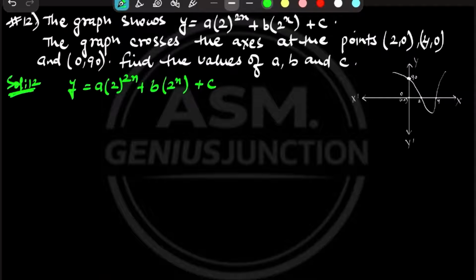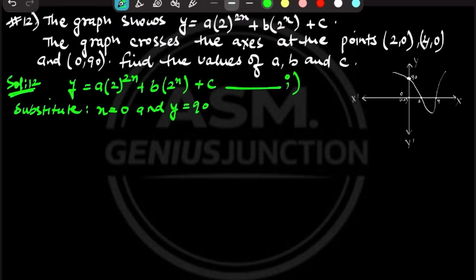First of all, we will substitute x equals 0 and y equals 90 in equation number 1. When I substitute x equals 0 and y equals 90, what are we going to get?